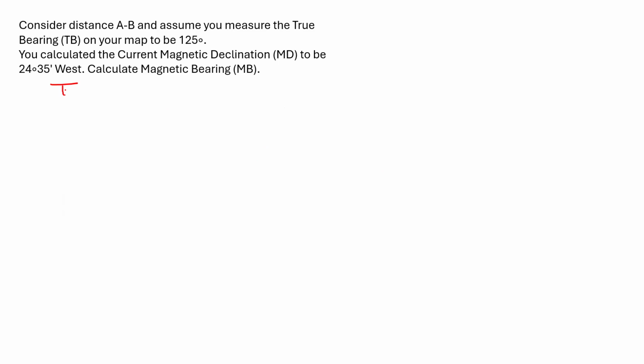We assume that our true bearing is 125 degrees, and your calculated magnetic declination for that given year is 24 degrees 35 minutes west. Since the magnetic declination is west, you must add it to the true bearing.